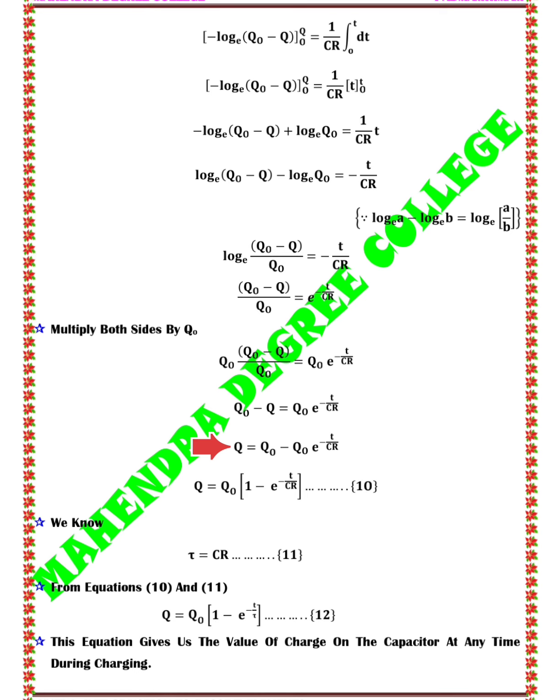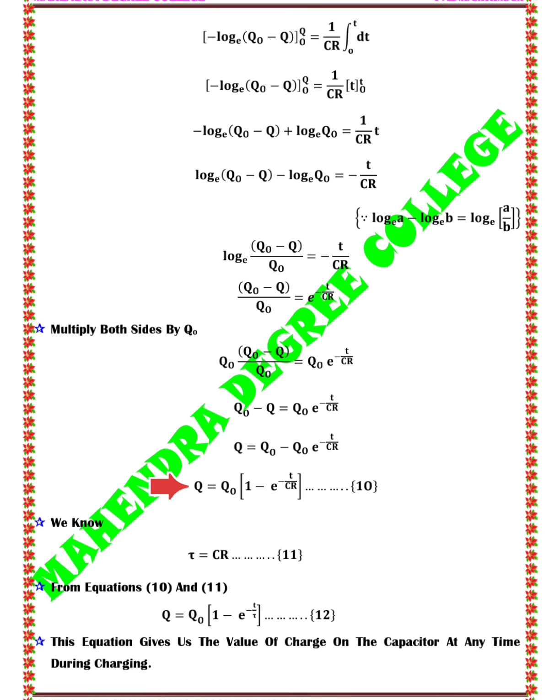Rearrange to solve for Q. It means Q equals Q naught minus Q naught into e power minus t by CR. Factor out Q naught.